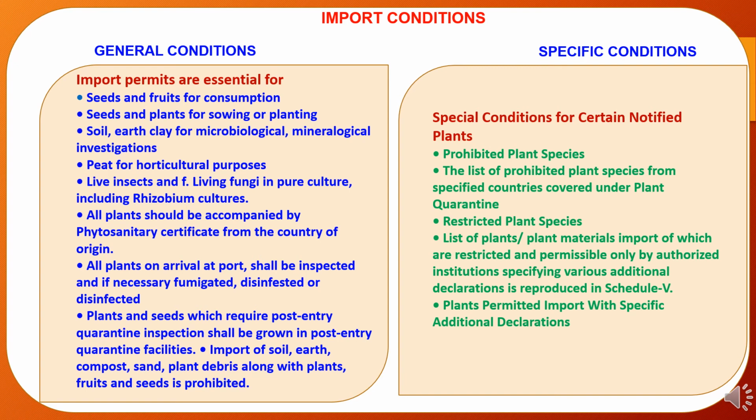Under specific conditions, there are certain notified plants like prohibited plant species, and the list of prohibited plant species from specified countries is covered under the Plant Quarantine Order 2003. There are some restricted plant species, whose import is permissible only by authorized institutions, and there are some plants permitted for import with specific additional declarations.